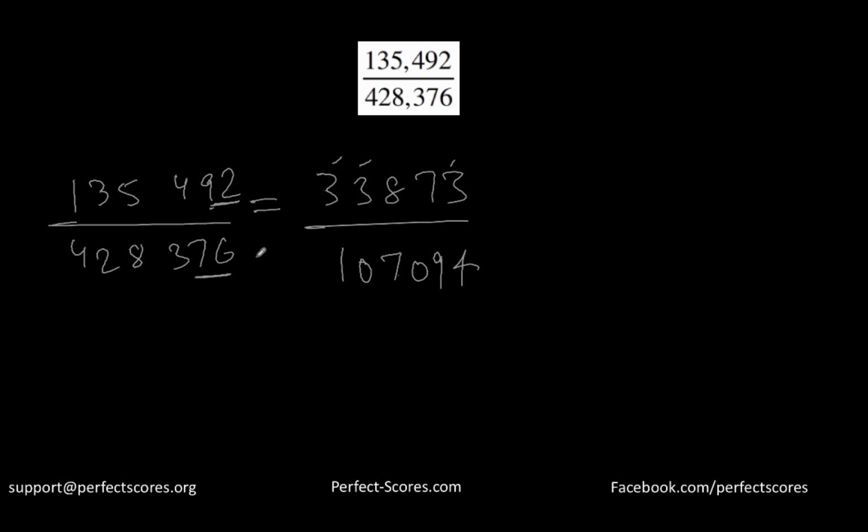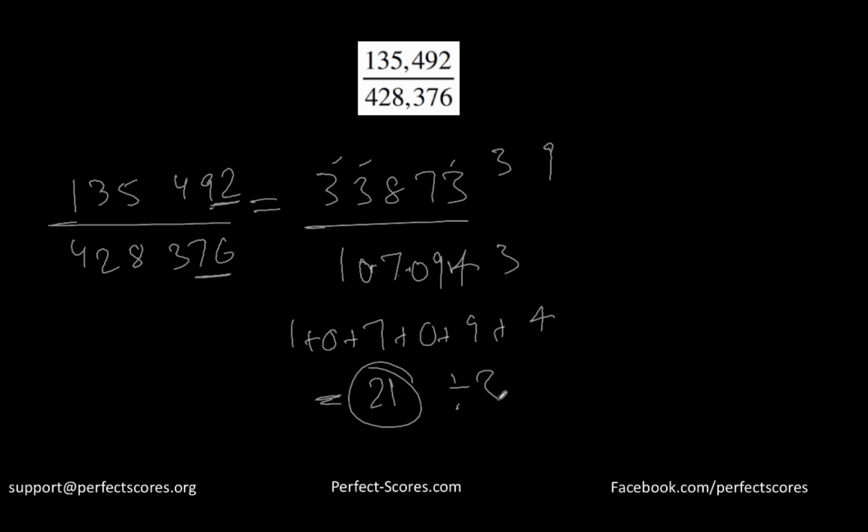So this is how you go further. This is how you simplify a fraction. I don't want to do that completely, but I wanted to show you how it works. You don't have to get intimidated by big numbers. You can go ahead and perform the process of elimination, and now you know that this number is divisible by 3 and by 9, but the other number is only divisible by 3, because if you add its digits, 1 plus 0 plus 7 plus 0 plus 9 plus 4, it comes to 21.